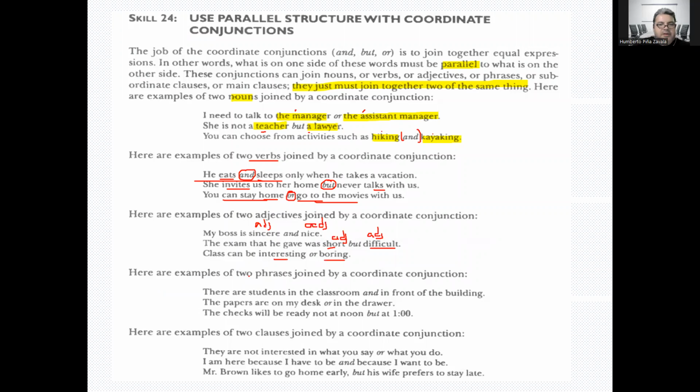Here are examples of two phrases joined by coordinate conjunctions. There are students in the classroom and in front of the building. We have the preposition and then the noun, and in front of the building: preposition, noun, preposition, noun.